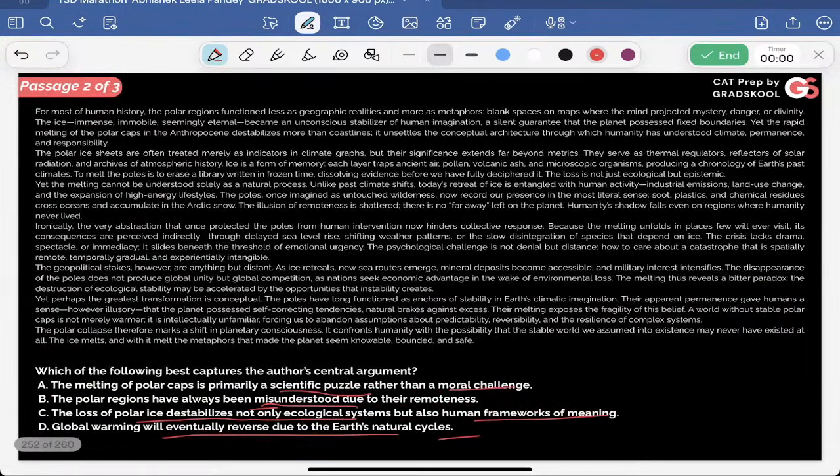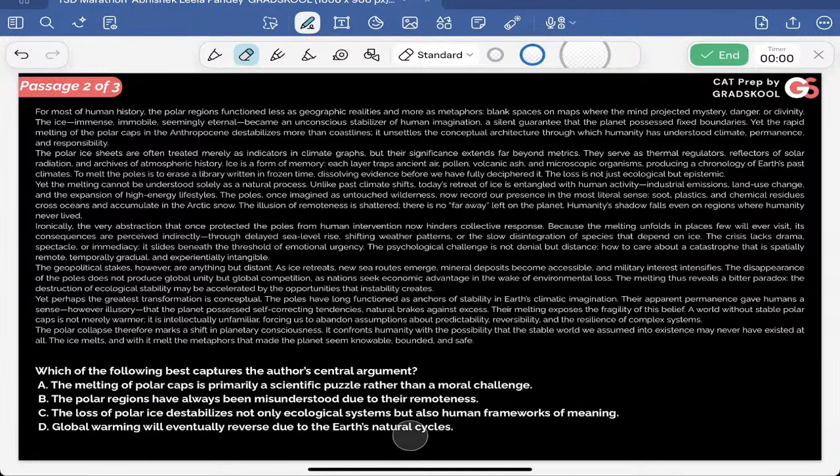Next one: which of the following best captures the author's central argument? Melting of polar caps is primarily a scientific puzzle rather than a moral challenge. The polar regions have always been misunderstood due to their remoteness. The loss of polar ice destabilizes not only ecological systems but also human frameworks of meaning. Exactly.